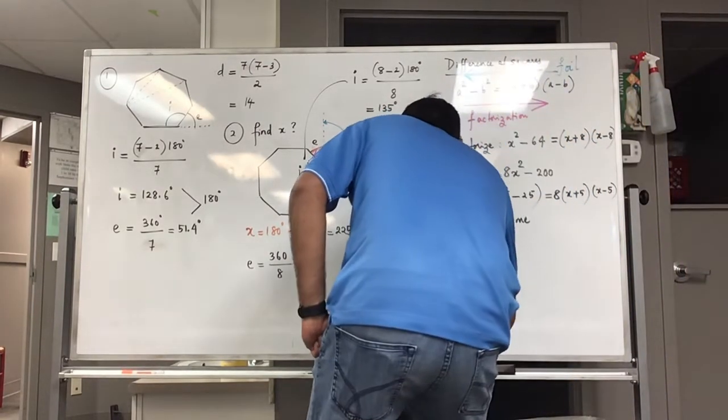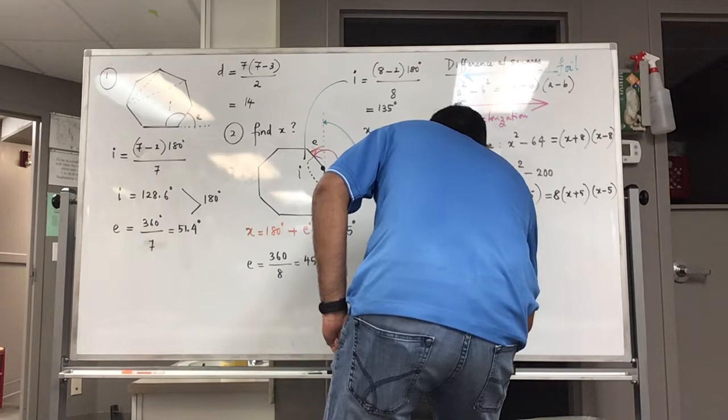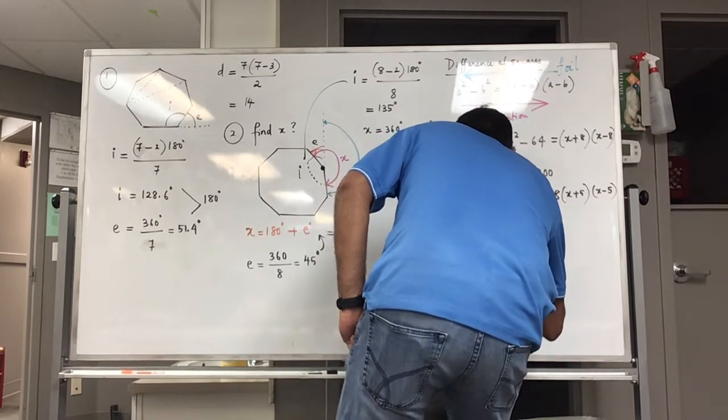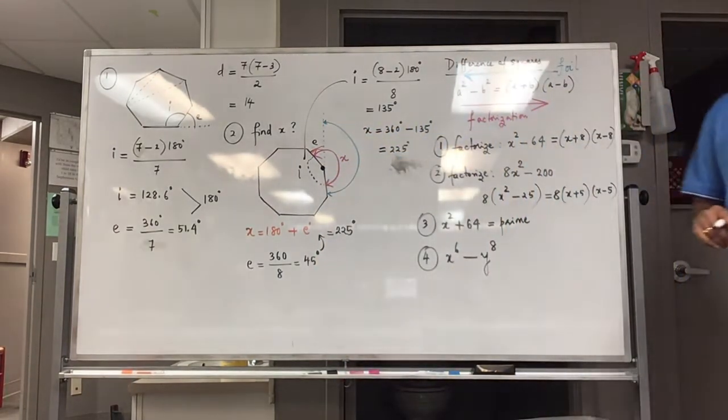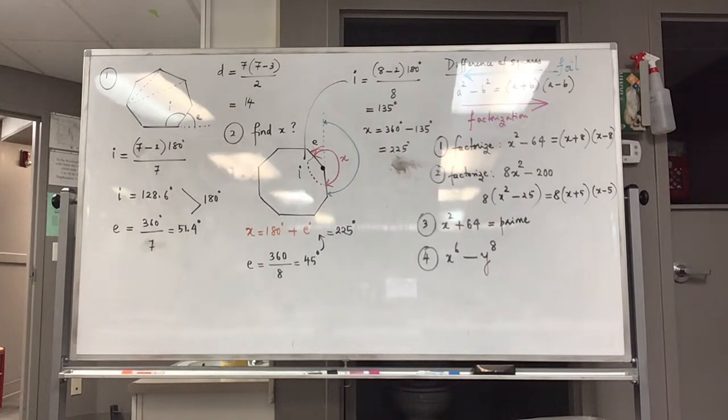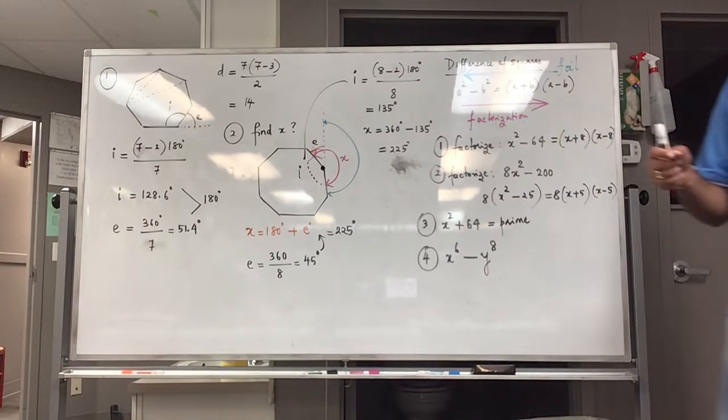Next, factorize x raised to 6 minus y raised to 8. This is a tier 2, tier 3 level question. It's okay to make a mistake. But you've got to practice it so it doesn't happen next time.